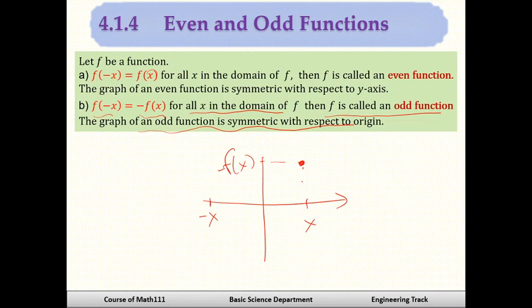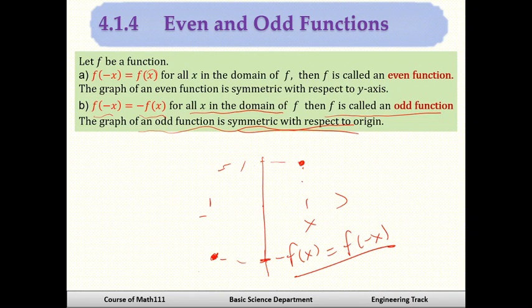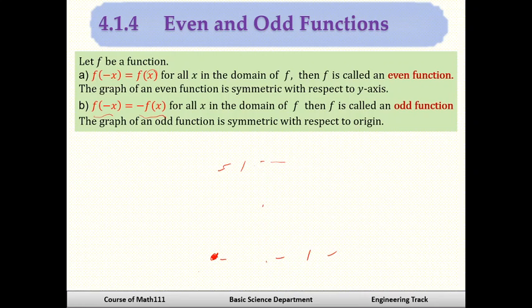If it's symmetric, then its reflection with respect to the origin should be here. If it's symmetric with respect to the origin, then this should be minus f of x. But also this has to be on the graph, so this is equal to f of minus x. So this property is telling us the function is symmetric with respect to the origin.